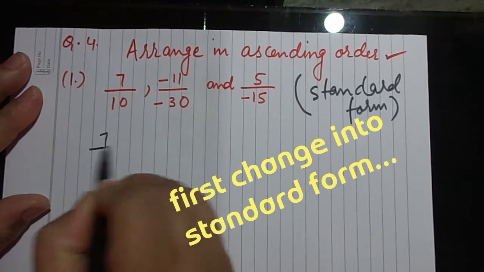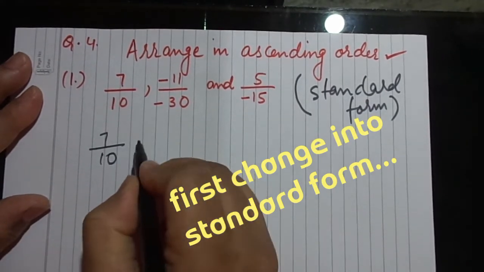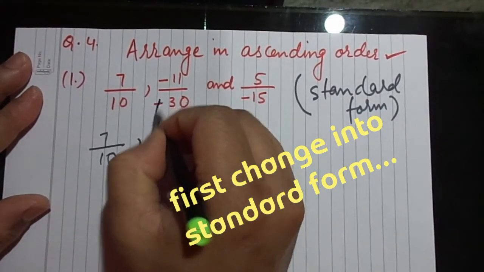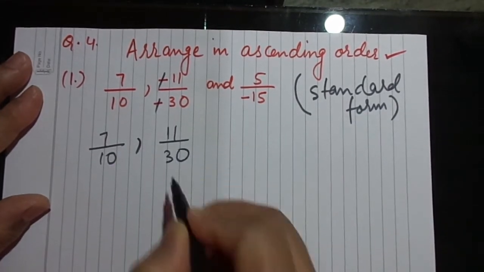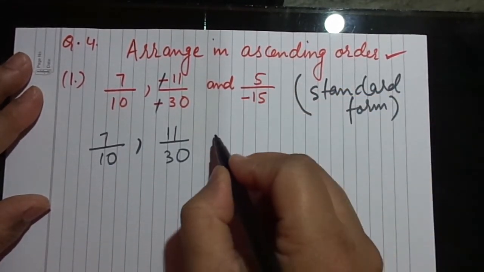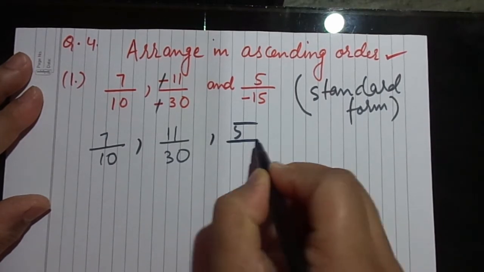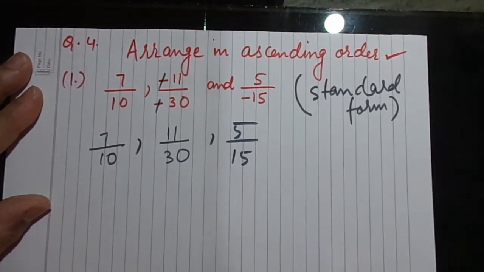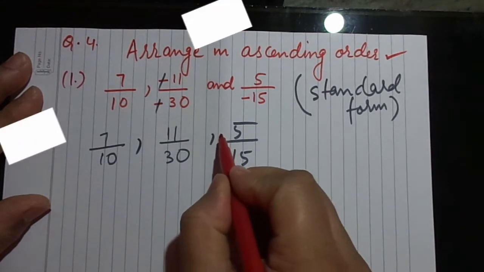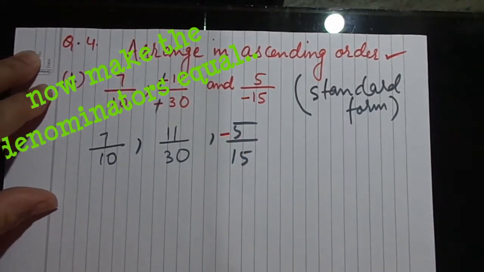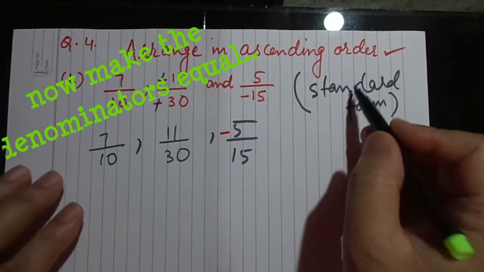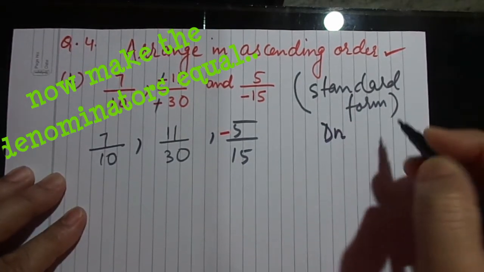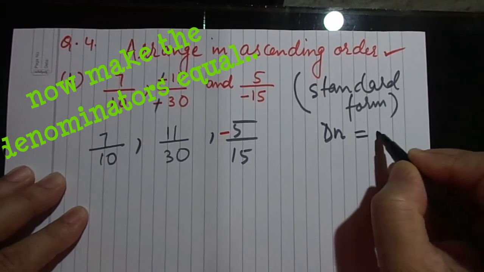So 7 by 10, comma, this cancels, and we have 11 by 30, this moves up, and we have minus 5 by 15. So here I have changed this into standard form, and standard form means the denominator should be positive.